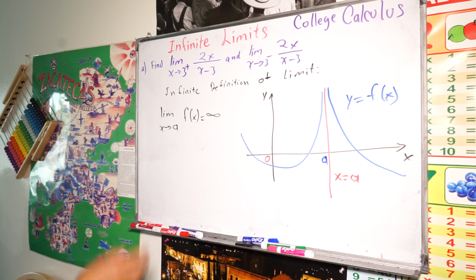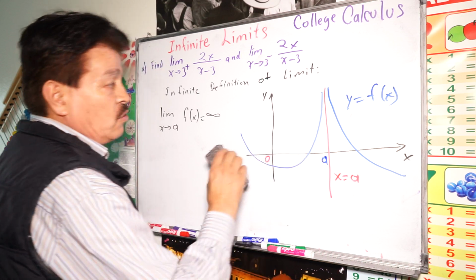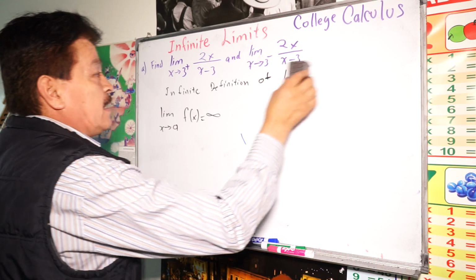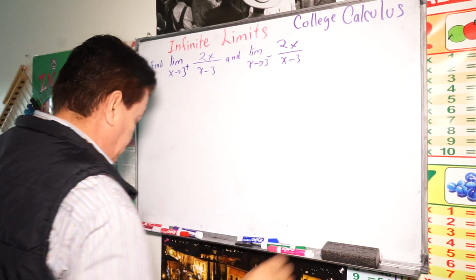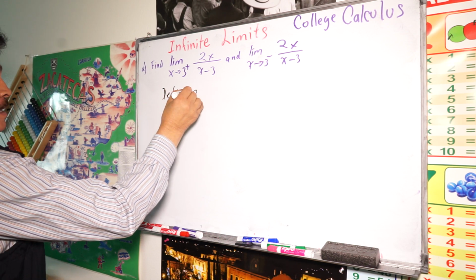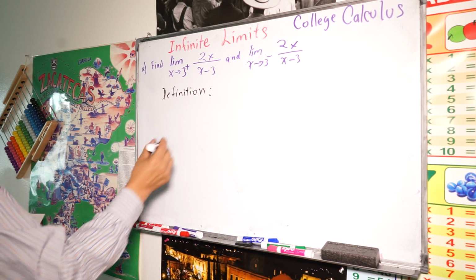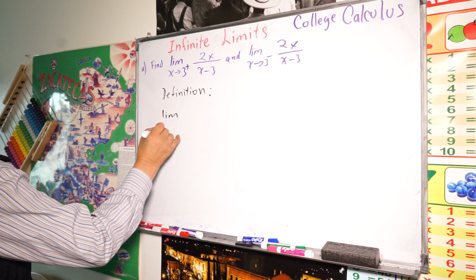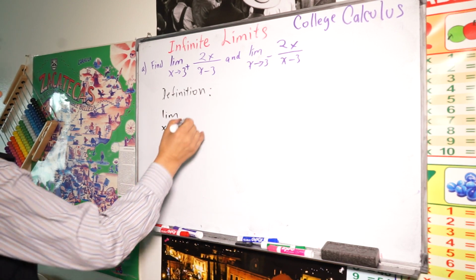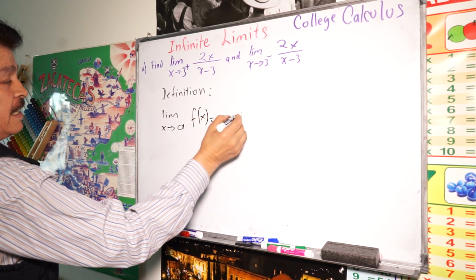Okay, we have another kind of problem that is important, and I would like to show you on the graph how it looks. So the next one is the definition of this kind of limit, when we have the limit as x approaches a of f of x equals negative infinity.